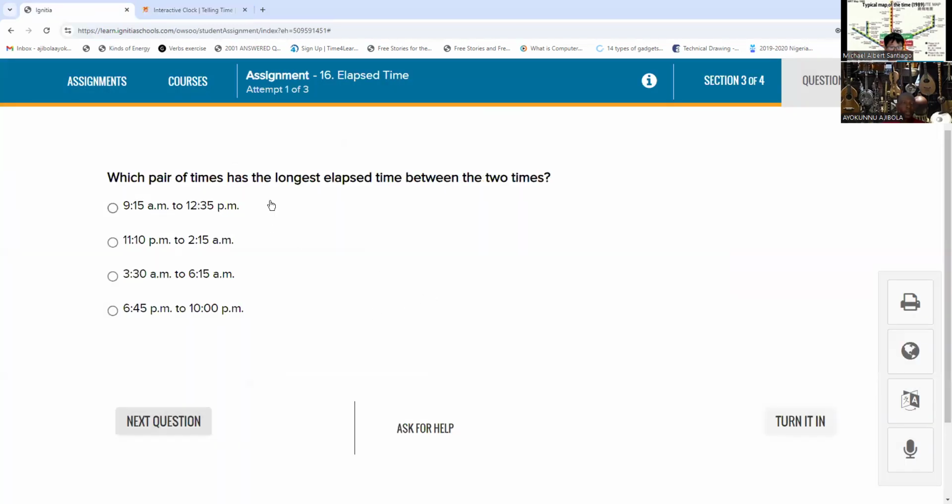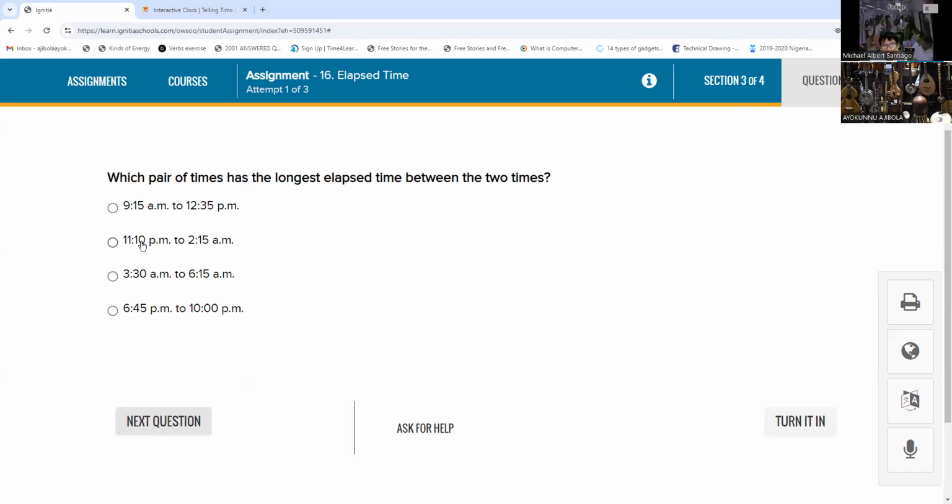Which pair of times has the longest time elapsed between the two times? AM and PM, 12 p.m. So let's check this one. That is 10:15, 11:15, 12:15. That's 3 hours, then 20 minutes. The next one, 12:10 to 1:10.